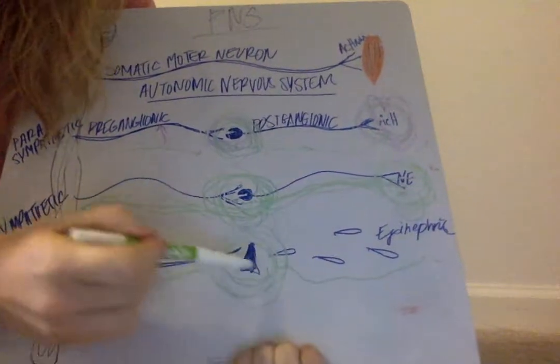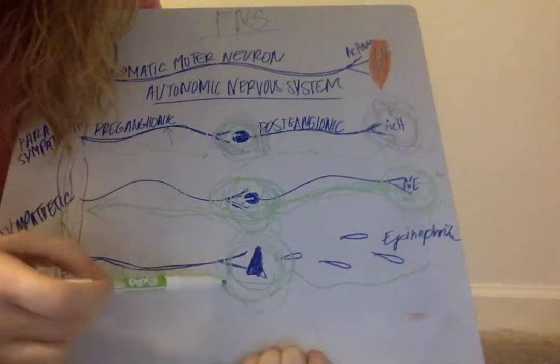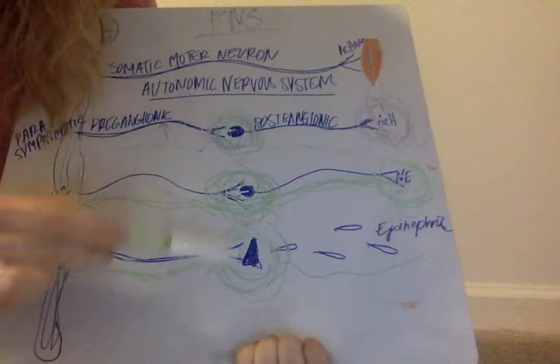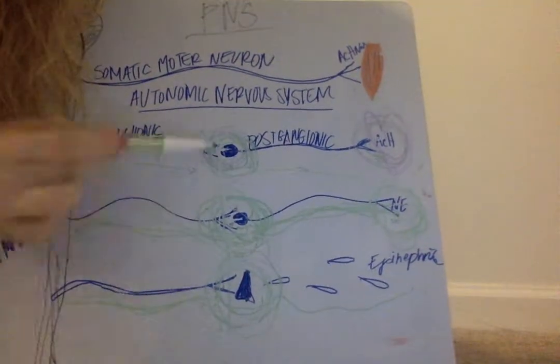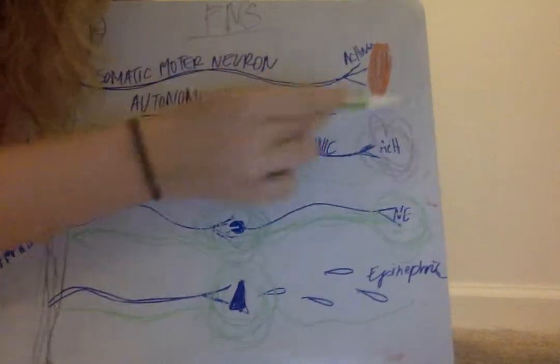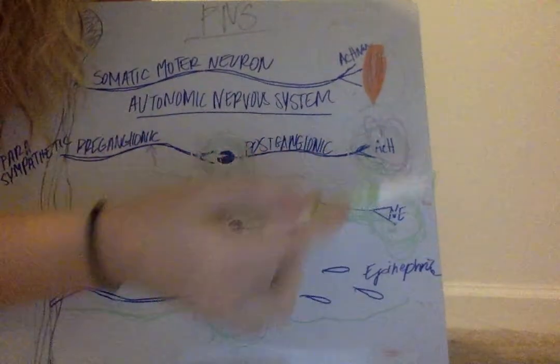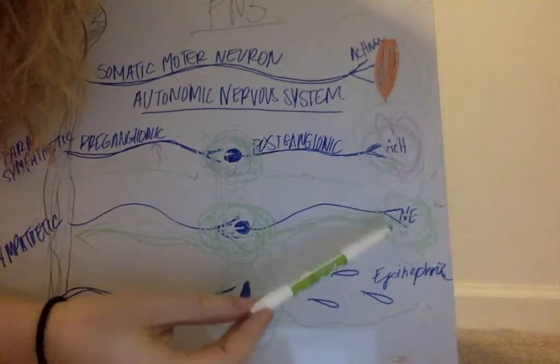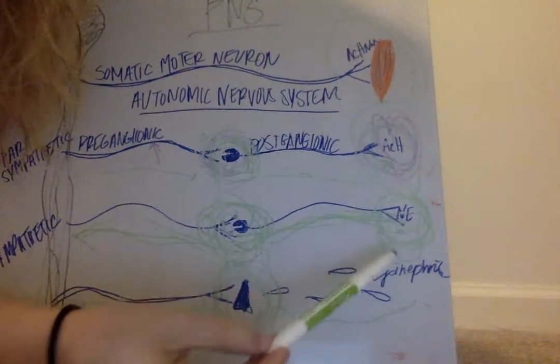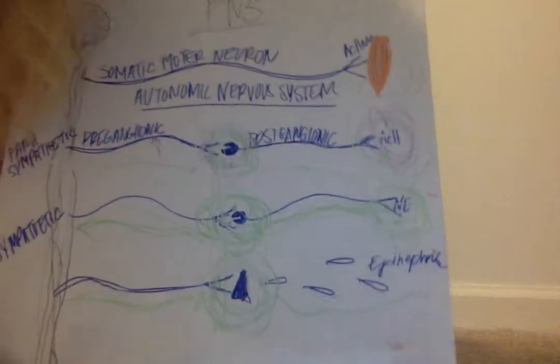But we can still alter the release of acetylcholine just like we could in these other places, even in our neuromuscular junction up here, because these are all cholinergic. All cholinergic. That's cholinergic. The only one that we see on here that's adrenergic is right here. We're in the sympathetic nervous system where we're releasing norepinephrine.